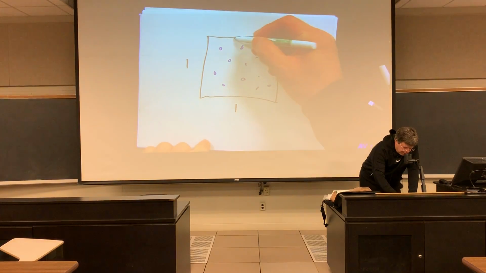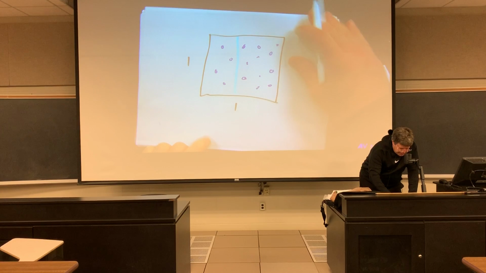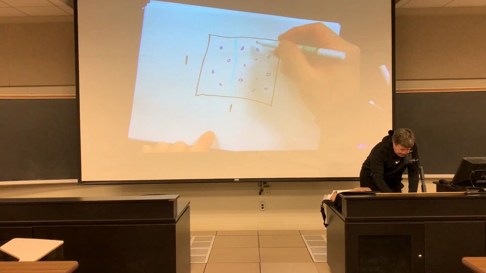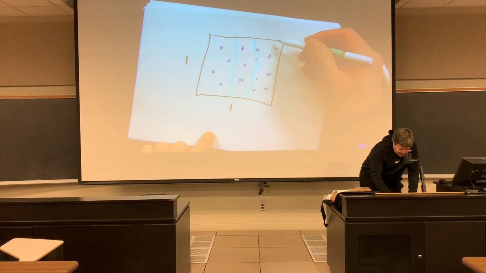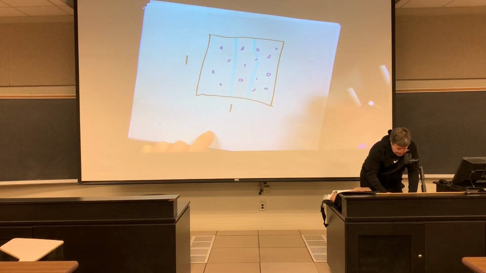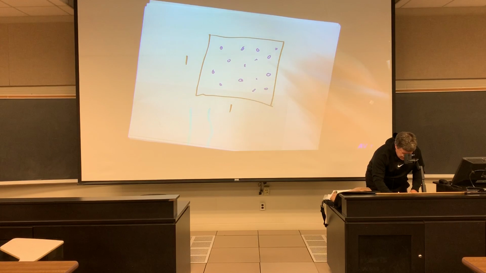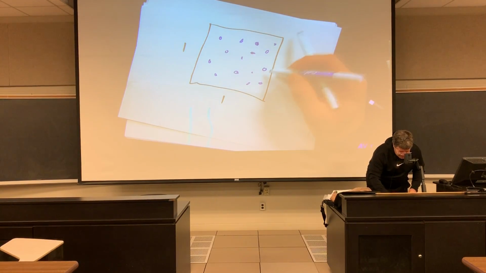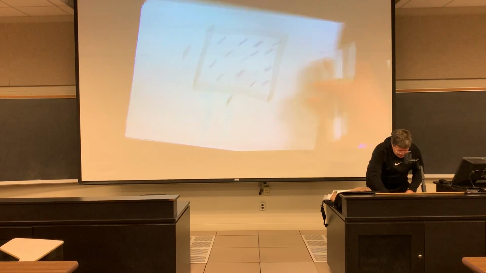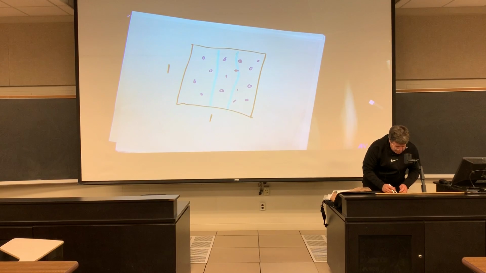We're going to partition into square root of n sets of square root of n points each. I'm going to move the points slightly so they're not so above and below each other. Without loss of generality, it wouldn't make a big difference.